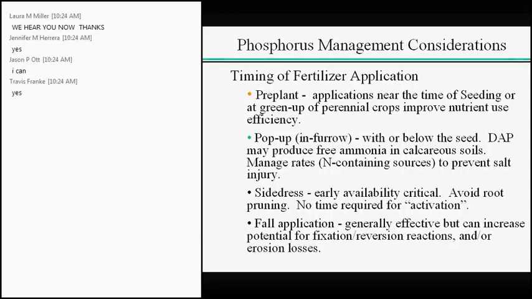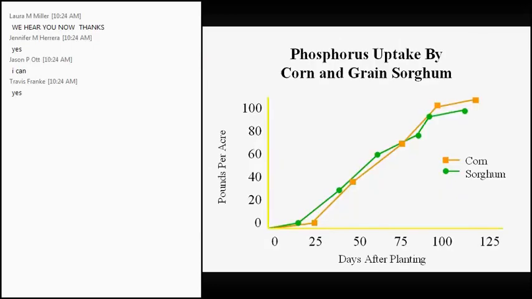Next slide. This slide looks a whole lot like the one I showed you for nitrogen, but it's actually for phosphorus. And so again, somewhere between that 20 to 25 days is when the nutrient is really needed. So if we could, we would want to put this out at about 15 days.